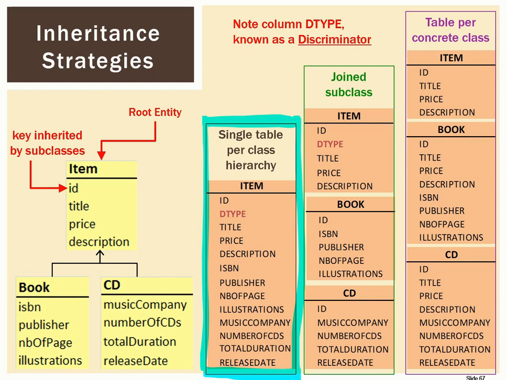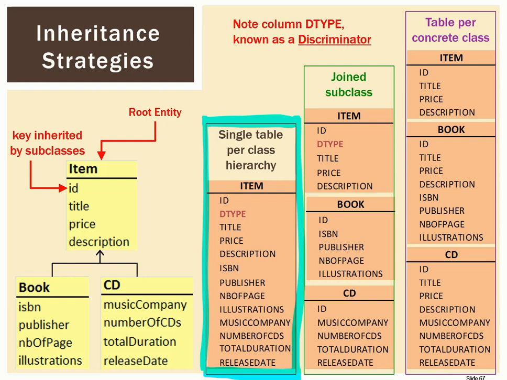Now, the advantage of the single table per class hierarchy is that all the information about items, books, and CDs is all in one place. This means that you will not have to do any table joins to find information. Joins in a relational database tend to be expensive, and so this might offer the most efficient way to store information.